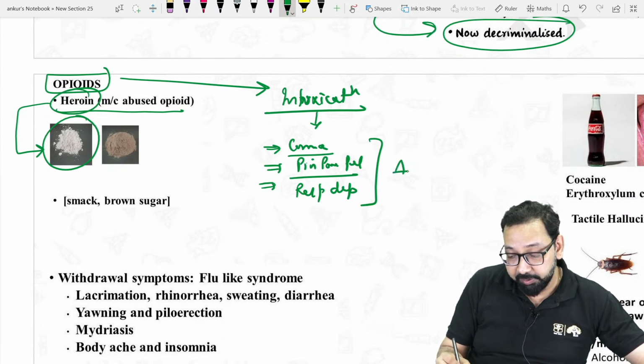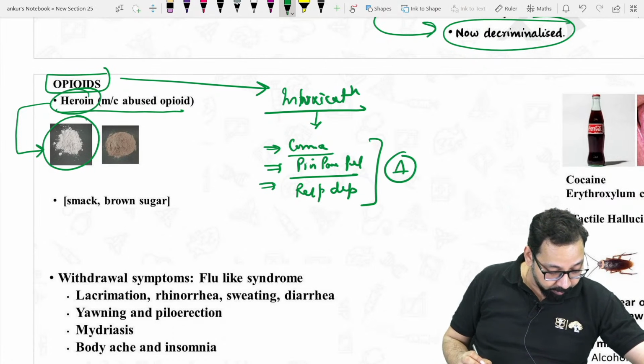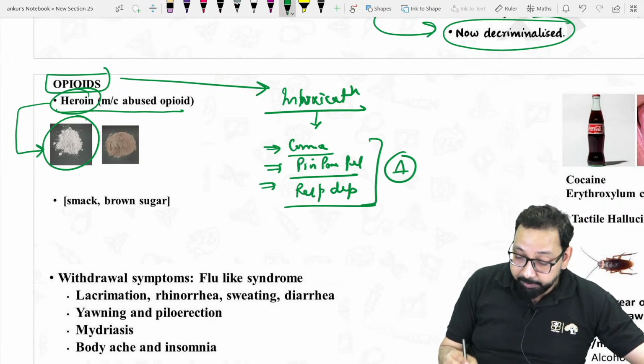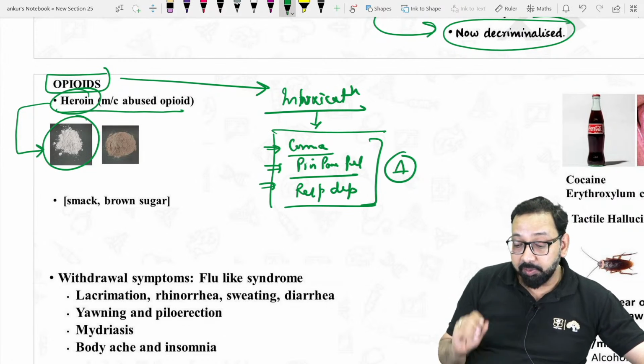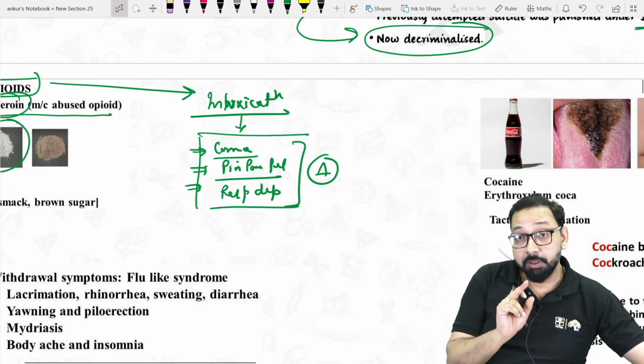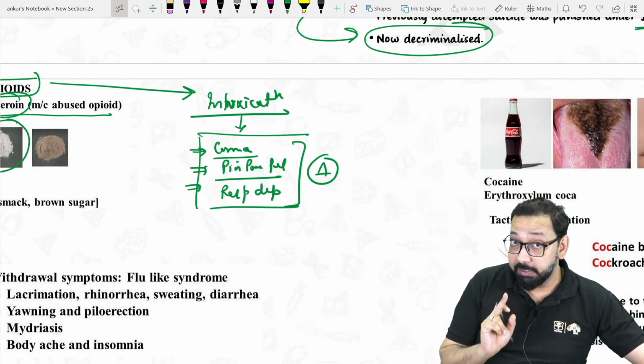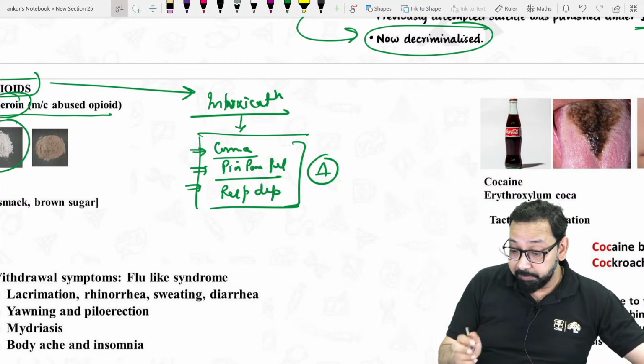This is the triad. Triad question is asked. In this, remember, this is a catching point. Question has been asked many times.